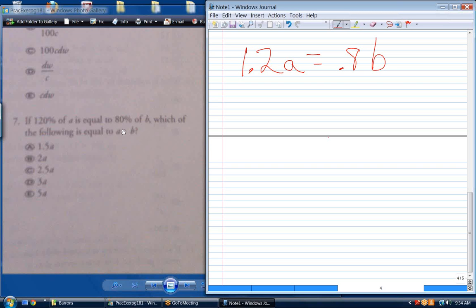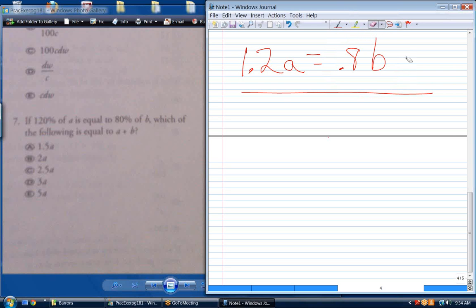How do we solve this equation for B? It's basically the last step in solving every algebraic equation. You've got B almost fully isolated. What do we have to do to get it completely by itself?